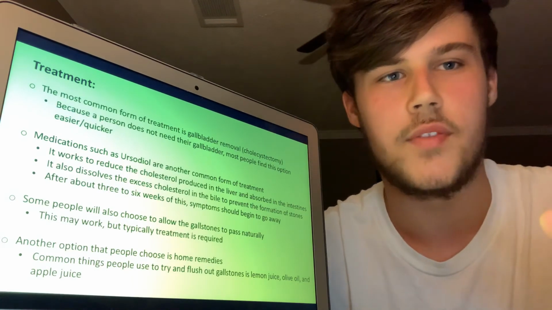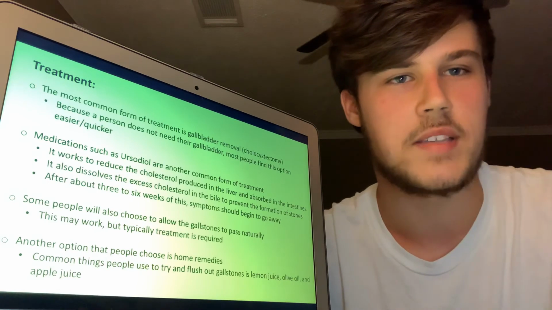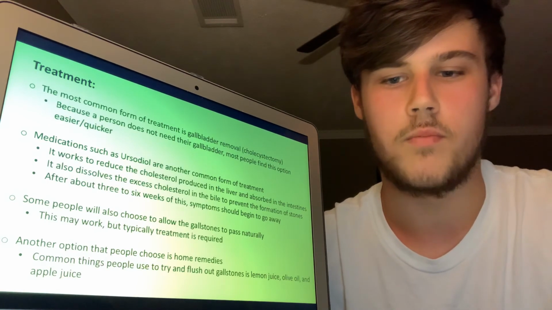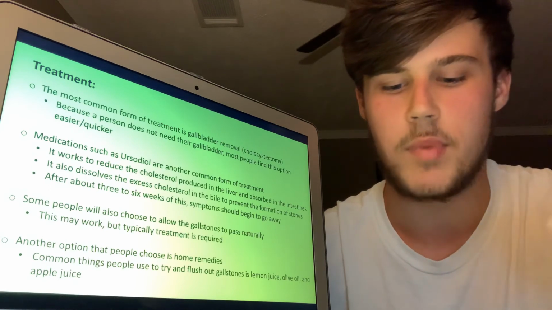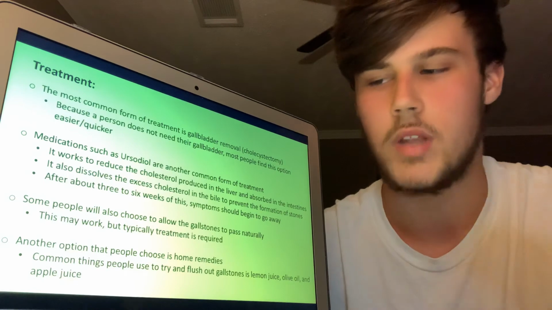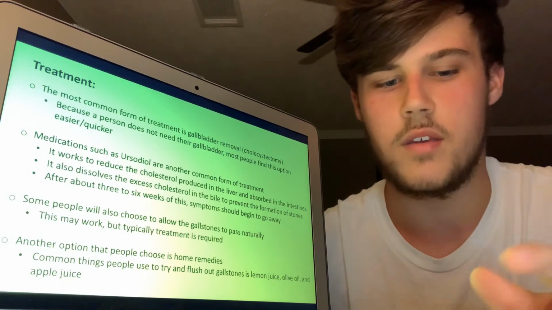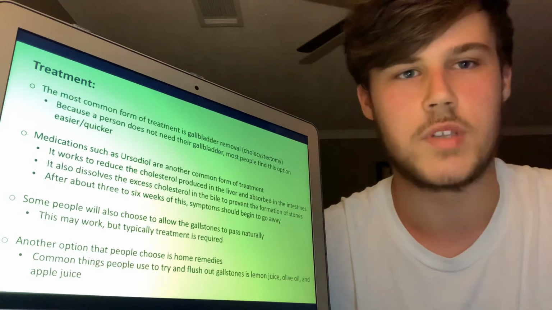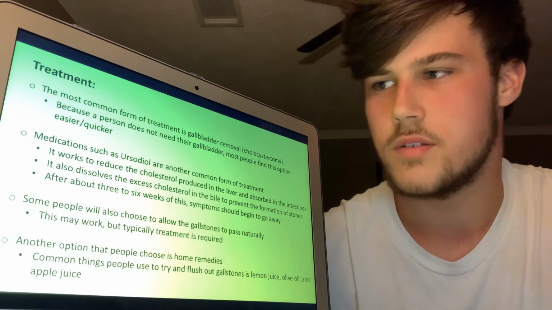Some people try to let the gallstones pass naturally, which doesn't happen most of the time, but it could happen. Most of the time, other treatments are needed, but some people like to do this, whether they can't do the other ones due to financial reasons.